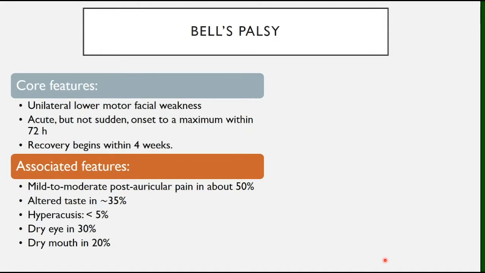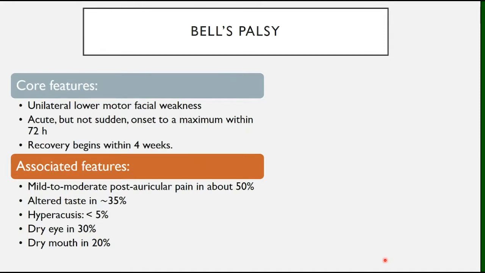Associated features, most patients complain of a bit of pain because it's thought to be inflammation of the nerve from herpes simplex infection, and then depending on the level, if it is just at the stylomastoid foramen, all you have is the motor features. But if it's more proximally in the facial canal, then you can get the chorda tympani affected.